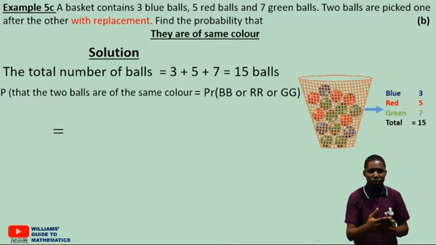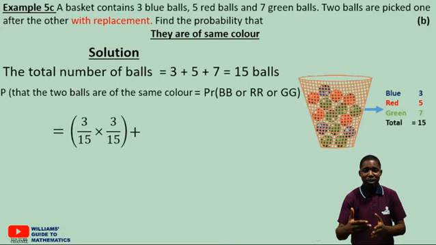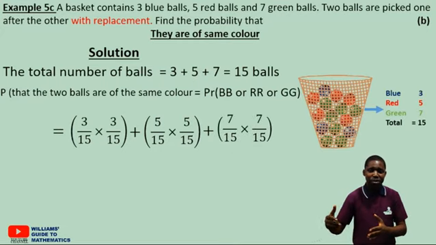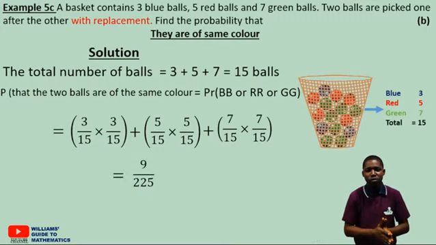Now blue, we have 3 over 15 because we have 3 blue balls. We repeat that times 3 over 15. Plus, from the "or", that of red is 5. So we have 5 over 15 times 5 over 15. Plus, that of the green, 7 over 15 times 7 over 15. So if I multiply 3 and 3, I have 9 over 225.